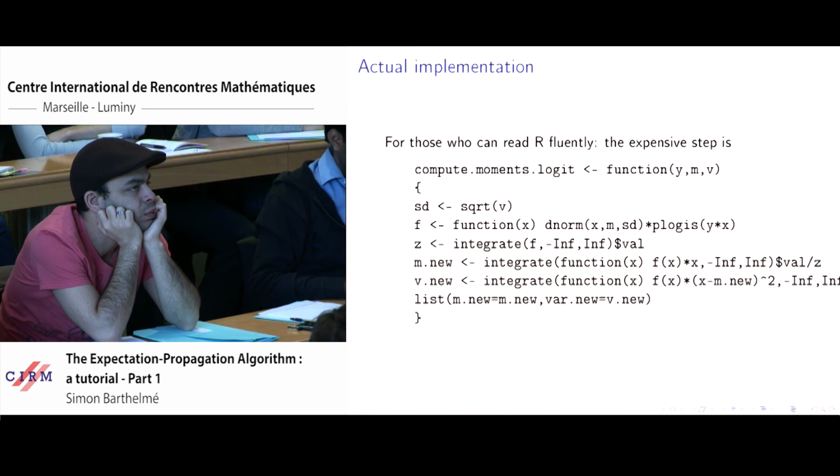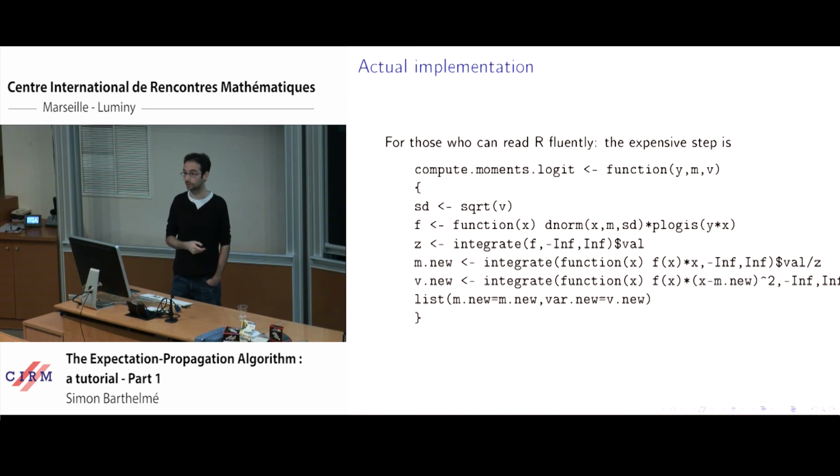You integrate it from minus infinity to plus infinity to get z. Then you modify it a bit. So you take f of x times x to get the mean, f of x times (x minus the mean) squared to get the variance, and you return that. This is where you spend most of your time when you do EP, and it's just that. You're all computing moments over one-dimensional distributions.